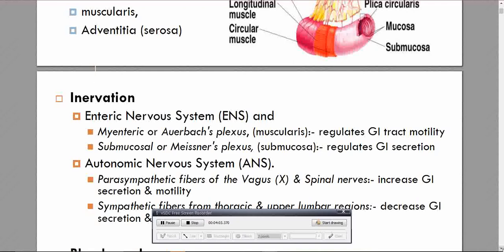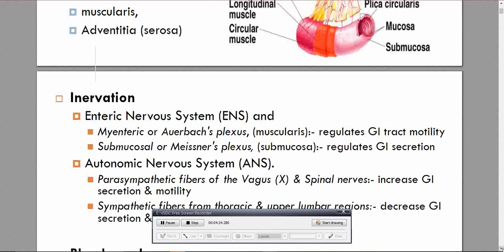In the enteric nervous system, they are called enteric because they have something to do with the intestines. So we have the myenteric or Auerbach's plexus, which attaches to the muscularis.